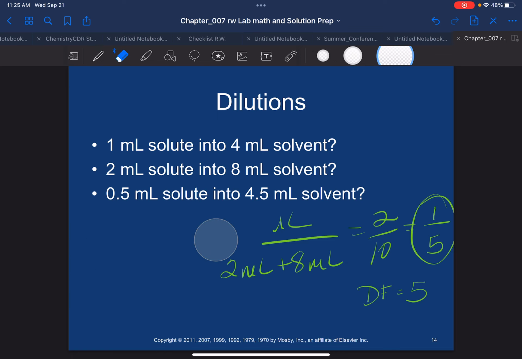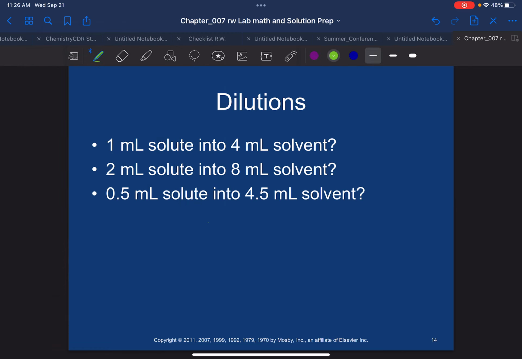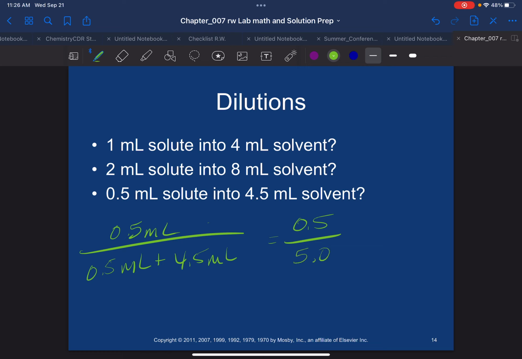All right, let's try the next one. Our solute is 0.5 ml and we add 4.5 ml of solvent. So we have 0.5 over 5.0, and this is a 1 to 10 dilution with a dilution factor of 10.